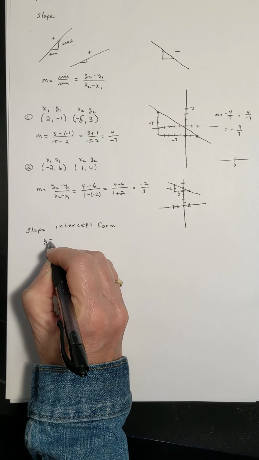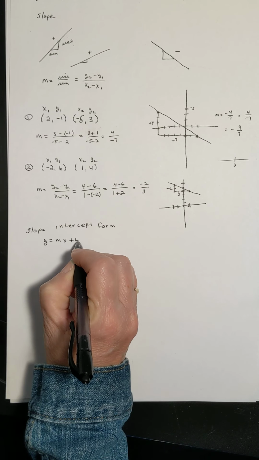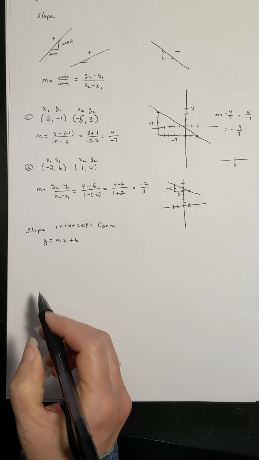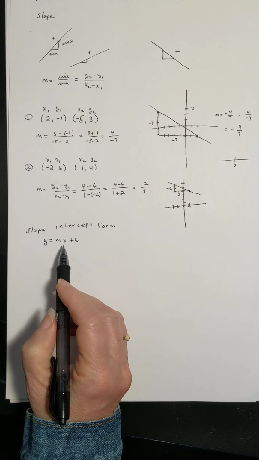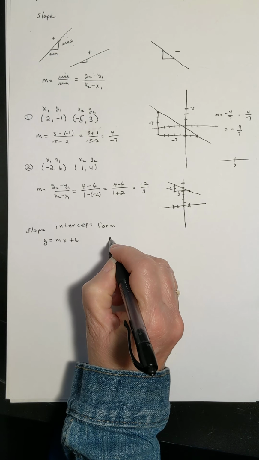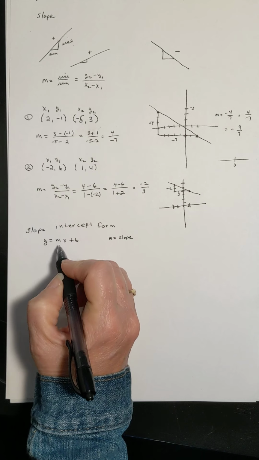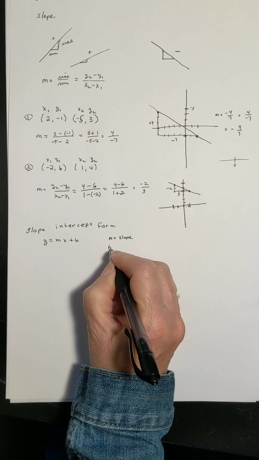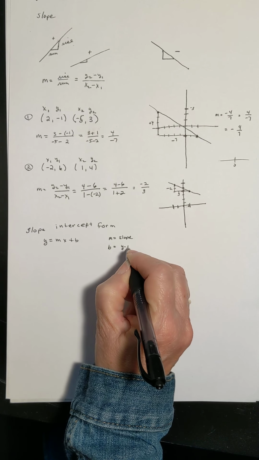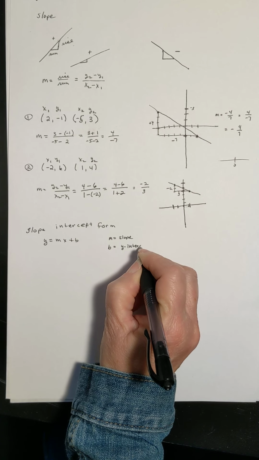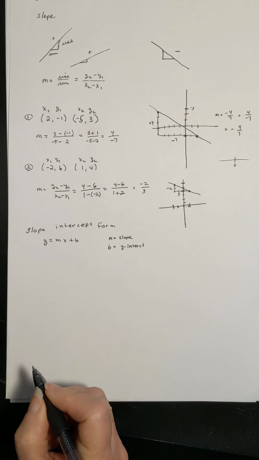So it is y equals mx plus b. All right? And this is always going to be a line where the m is the slope, just like we saw up here. We use m for slope. And here the b stands for the y-intercept. We'll see that in a second.